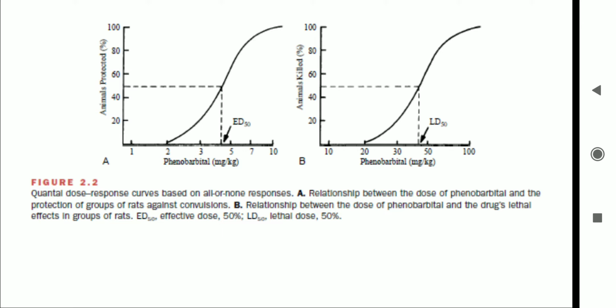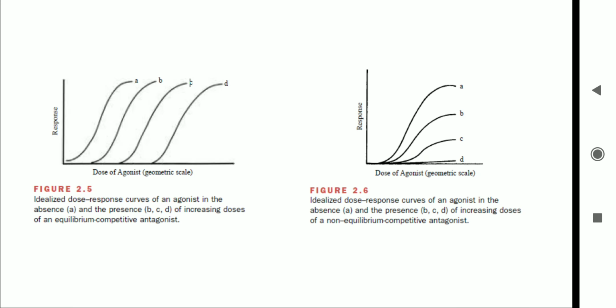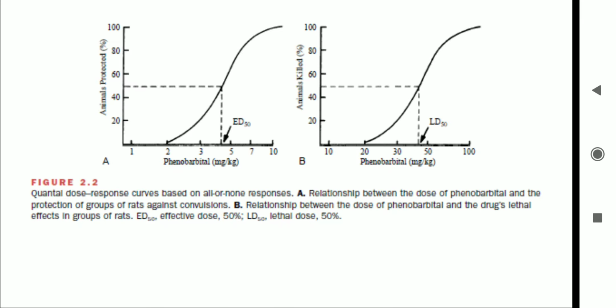If they had started from a 2 mg per kg dose, they found that 50% effect was obtained at the dose of 4 mg per kg. This is the effect for 50% of the population, how it has responded at 4 mg per kg dose itself.